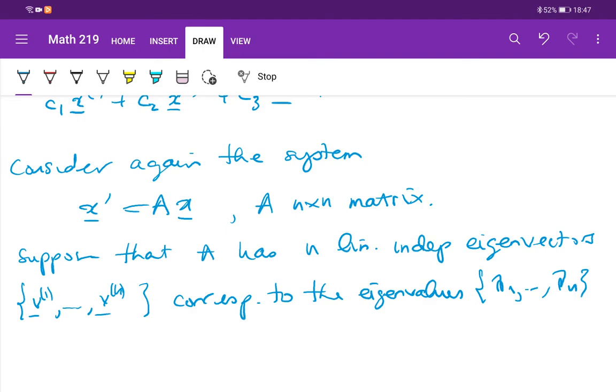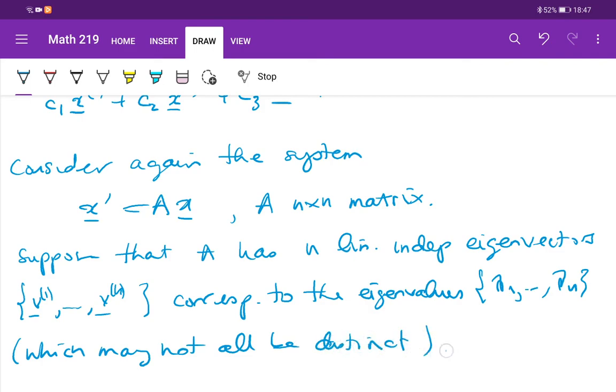These may not all be distinct, so lambda 1 may equal lambda 3 or so on.